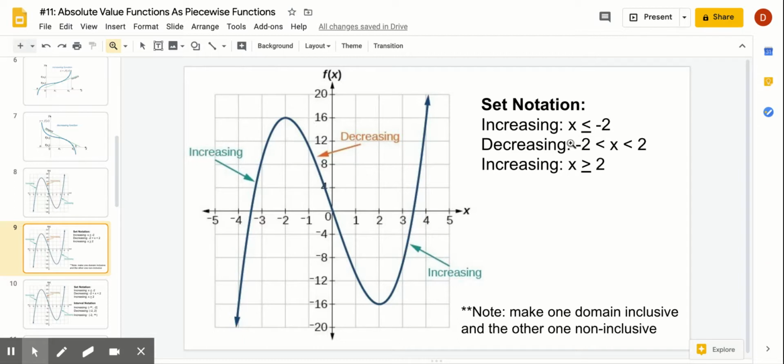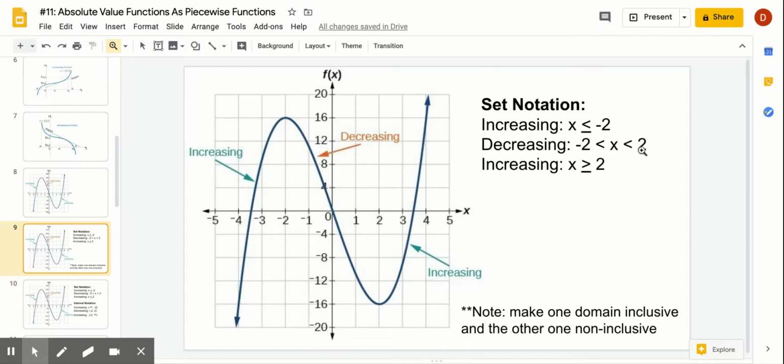Meaning that, for example, here, I made any value less than -2, I made this less than or equal to -2. But then in the next domain, when we were decreasing, I had to make it non-inclusive, because if this value was equal to -2 at both intervals, that would not be a function. You can't have two y values for every x value. You can't have those overlap like that.